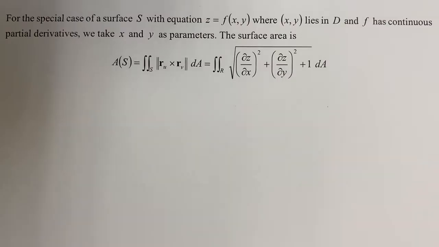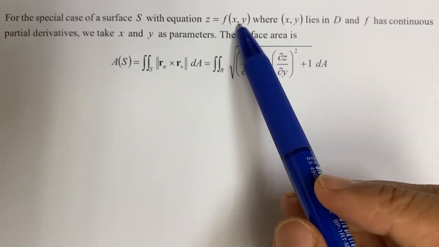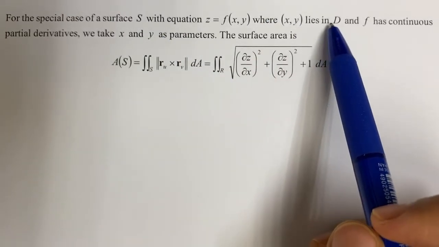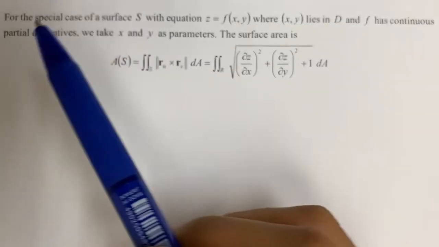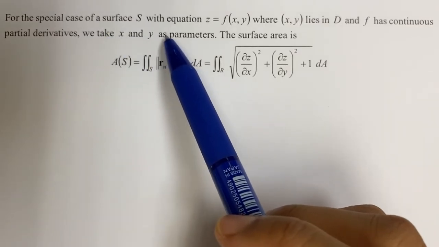For the special case of a surface S with equation z equal to f(x,y), if you can write z in terms of x and y, where (x,y) lies in D and f has continuous partial derivatives, we take x and y as parameters.